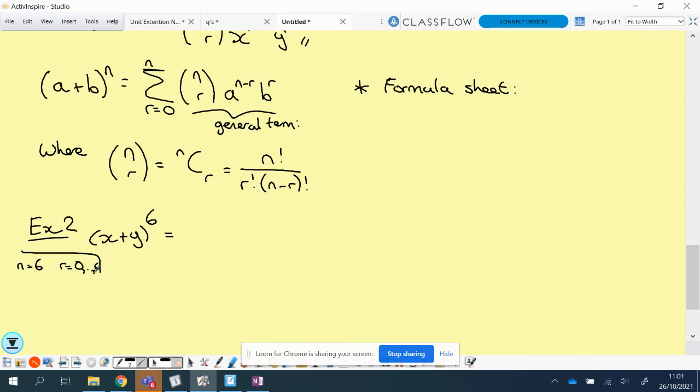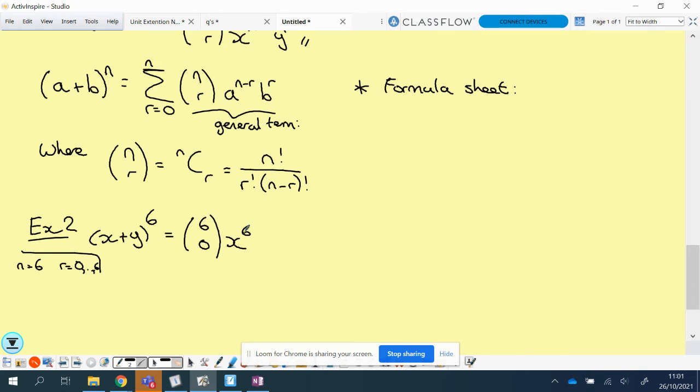So if I expand that, I just take one of these at a time. Let's make r equals 0 to start off with. That's going to be 6 choose 0. a is my first term, so it's going to be x. n is 6, 6 take away 0 is 6, so x to the power 6, multiplied by y to the power r, or 0, so that's just 1, which just leaves me with that there.